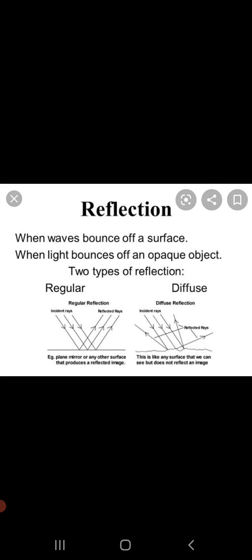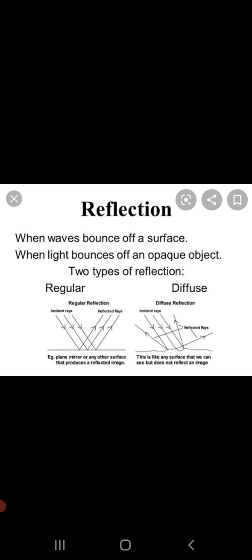Here you can see the images. Starting with the regular reflection here, students. Regular reflection is also called specular reflection. The term specular basically is related with mirror. Mirror kind of reflection that is formed is called regular reflection.